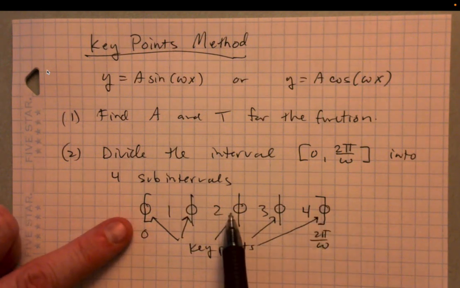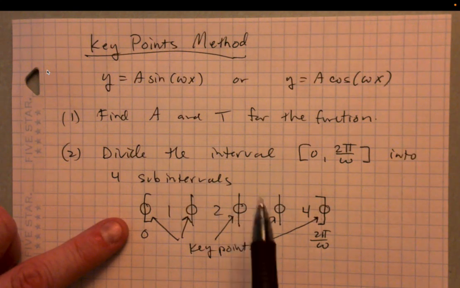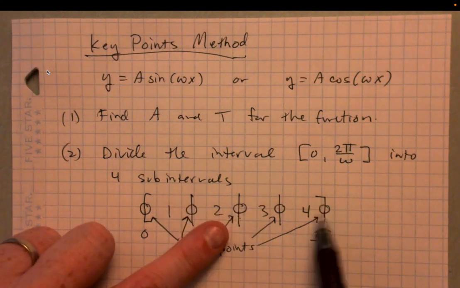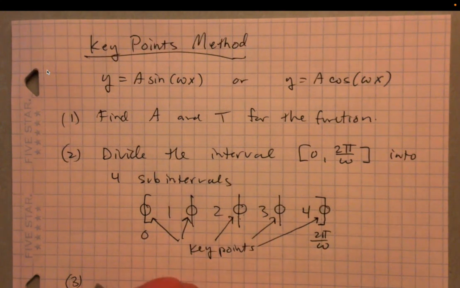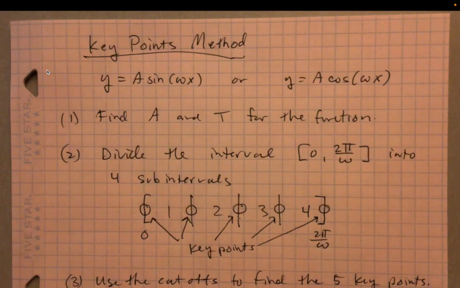You just break the interval in half, and you know this one, and then you break this interval in half and you've got that one, and you break this interval in half and you've got that one. So step 3 then is to use the cutoffs to find the 5 key points.